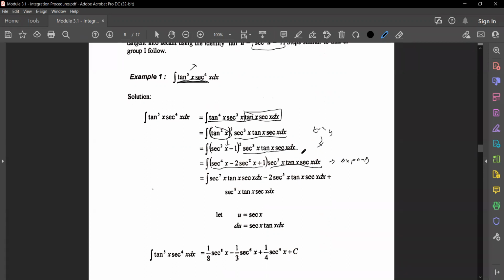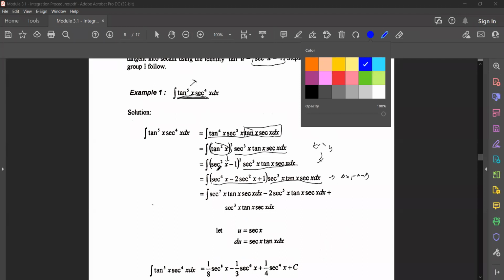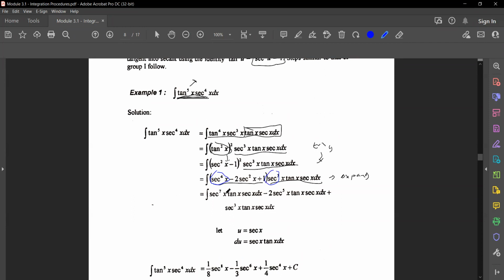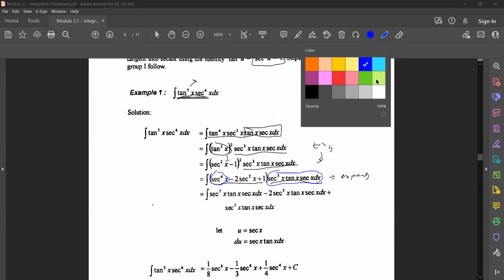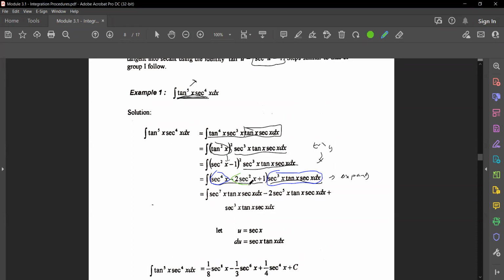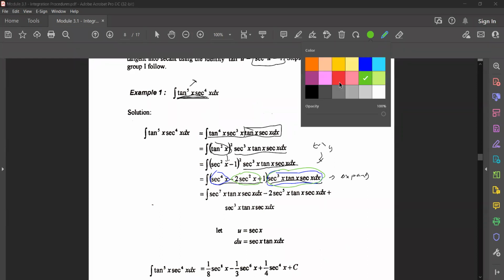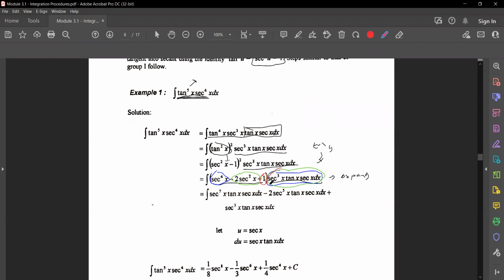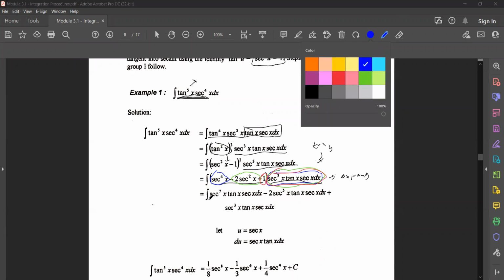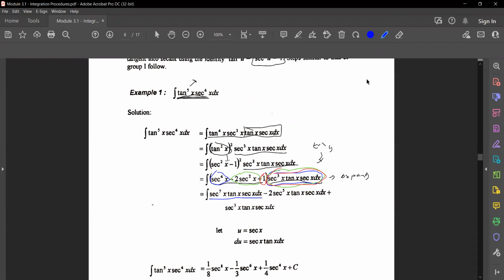By the distributive property, we multiply each term. Then the second is negative 2 secant, also multiplied by the whole. Then the last, 1 multiplied by this as well. That will equal what we had earlier: the blue one, the green one, and the last red one.